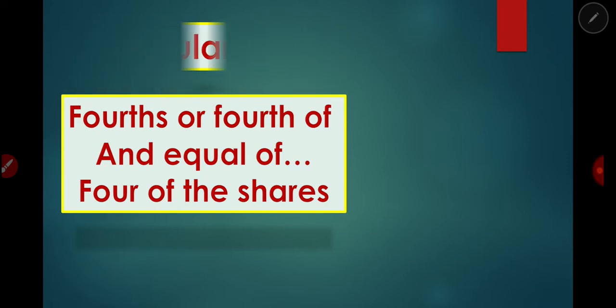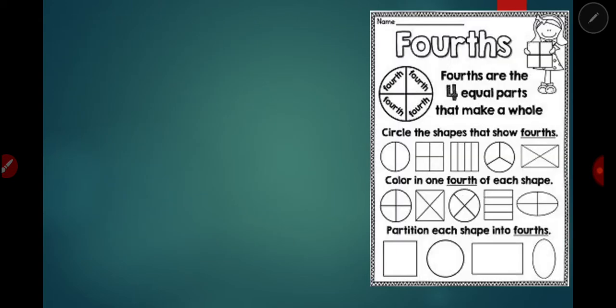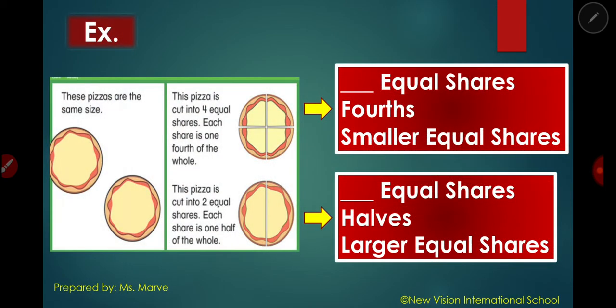Understood? Okay, here you can actually just run through this. So this is the example. This one are the examples. And when you partition it, you can just draw a line like this. Okay. So again, we have these 2 pizzas. The one is divided into 4 equal parts, and the other is divided into 2 equal parts. The first pizza has 4 equal parts.